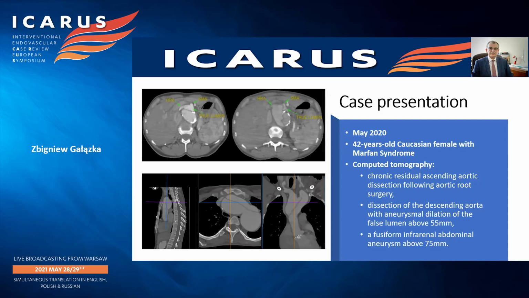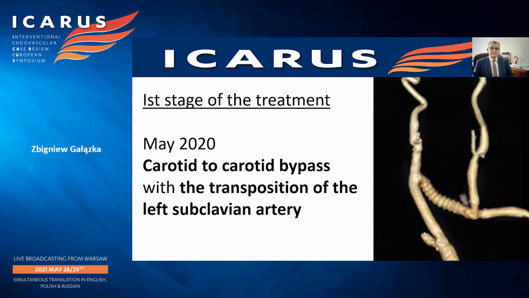The ascending aorta was dilated above 50 millimeters with probably a perianastomotic leak identified in angio-CT. We prefer the staged operation for this patient.